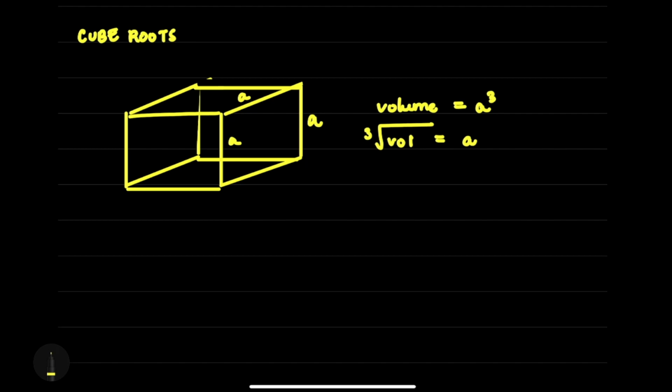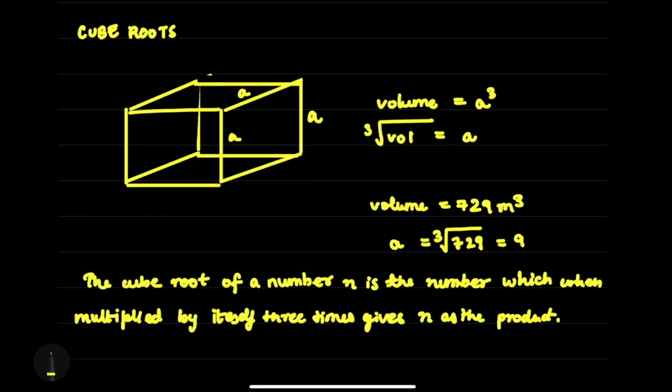Let's take an example where the volume is 729 meter cube, and we need to find the side A. We need an operation that brings out this value, and that is the cube root, which comes out to be 9. In formal terms, the cube root of a number n is the number which, when multiplied by itself 3 times, gives n as the product.